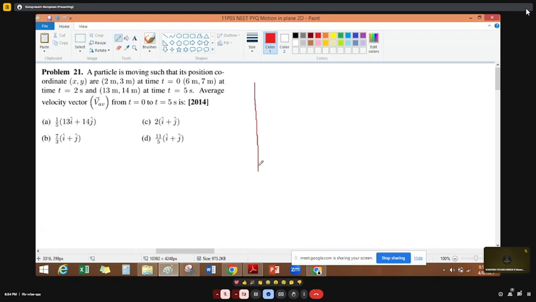So that means it's an xy graph. So (2, 3) is somewhere here. (6, 7) is somewhere here. (13, 14) is somewhere here.